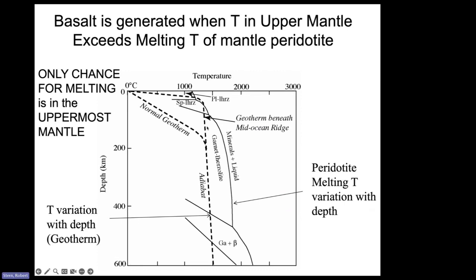There are two sets of lines on here. One of them is the thin solid lines. These show you the temperature at which peridotite, mantle rocks, begin to melt. You can see that it's got some interesting topography in there. There are different kinds of mantle rocks because the pressure generates new minerals. We don't need to get into that detail so much.